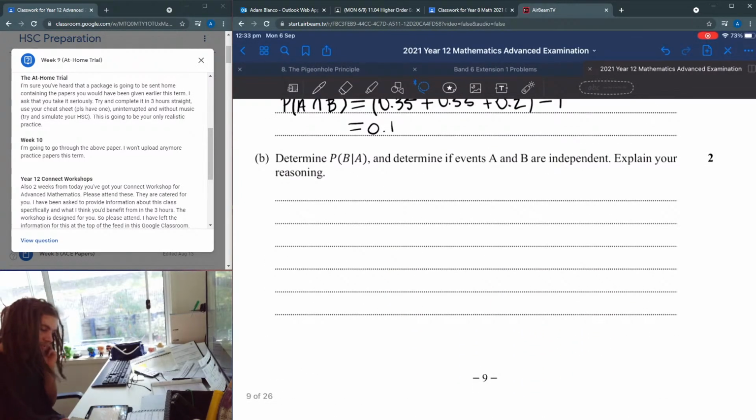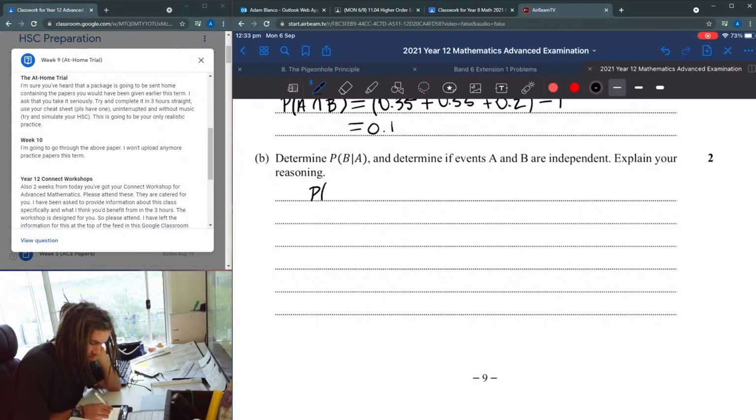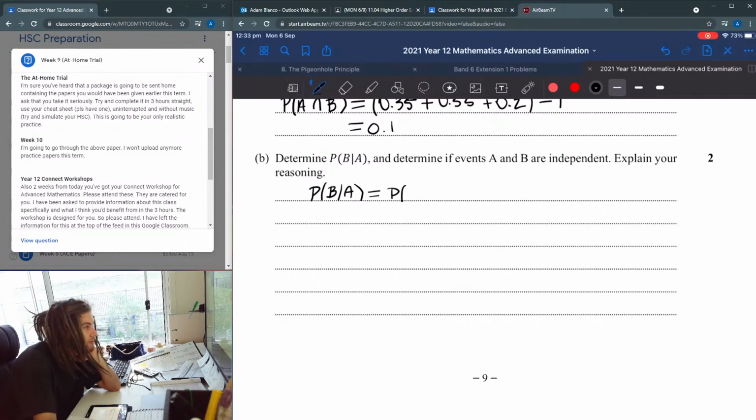Determine probability of B given A. I'm pretty sure this is on your reference sheet, but probability of B given A is equal to the probability of their intersection, A union B, over the probability of the second one.